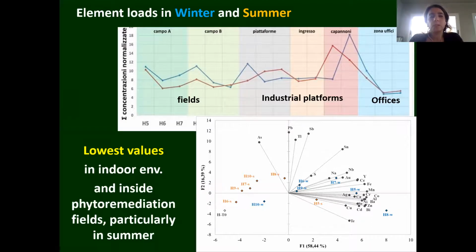The lowest levels of contaminants were within offices, so indoor environments, but also inside the phytoremediation fields. And we also did an evaluation during summer and during winter to see if there was a difference between the two seasons.